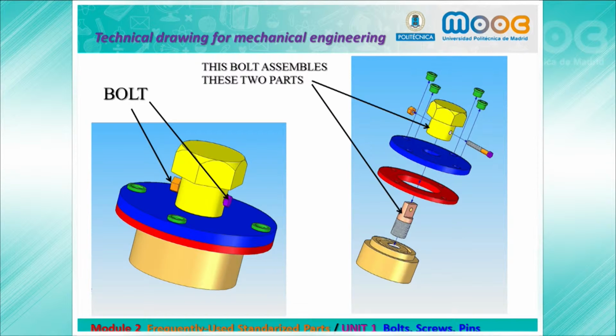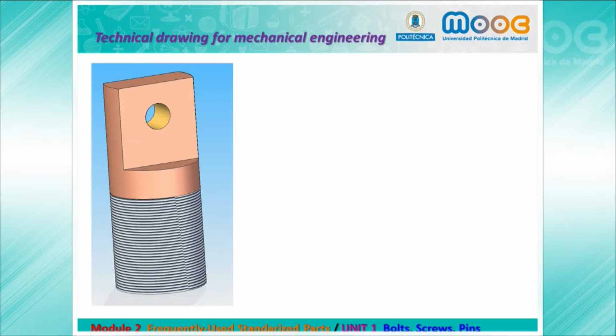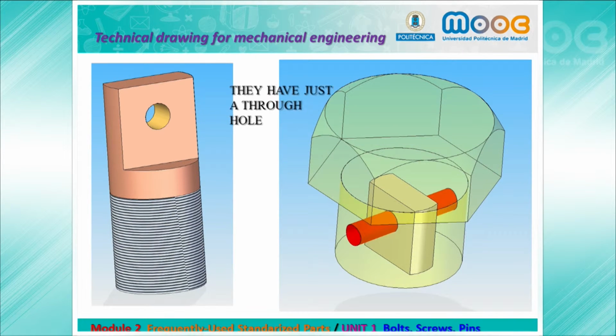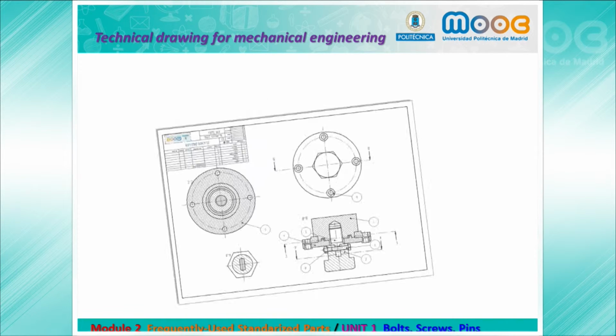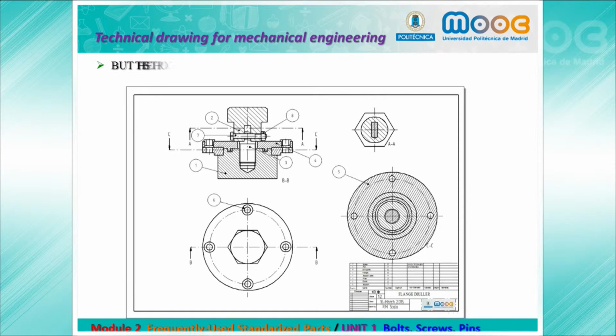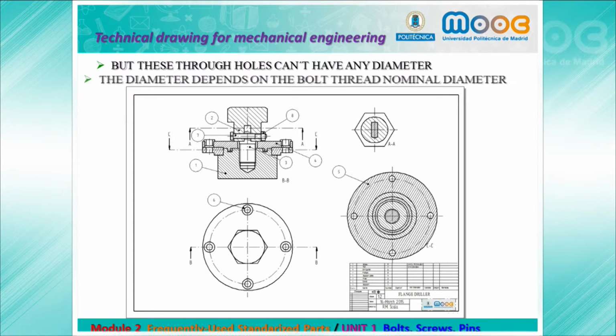The bolt assembles these two parts you can see. Neither of both parts has a female thread. Both of them just have a through hole. Here we have our assembly, but these through holes can't have any diameter.